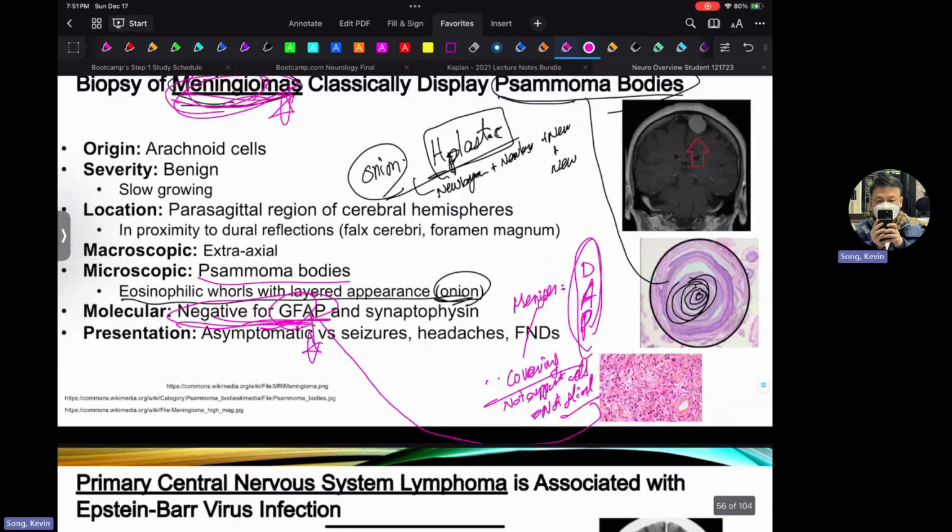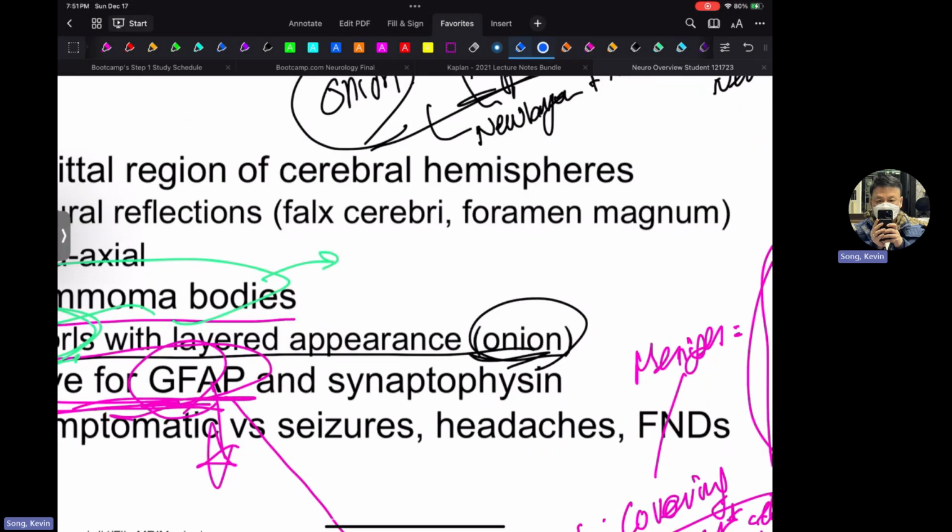And another thing is the psammoma bodies. Psammoma bodies are kind of a walled, round shape, with eosinophilic walls. There are four conditions that have psammoma bodies. You have to know this. This is important. One, two, three, four.